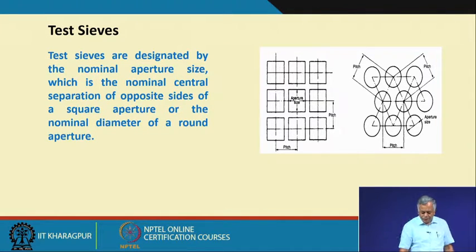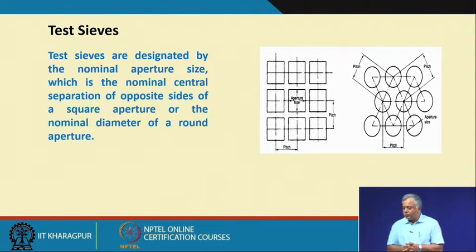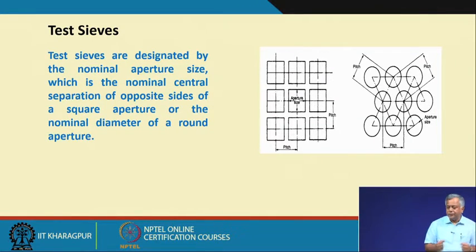And this is called the pitch, it is shown here in the image, and we can also have, say, circular openings, and we can have square openings also. So, it depends on how these apertures were being made.